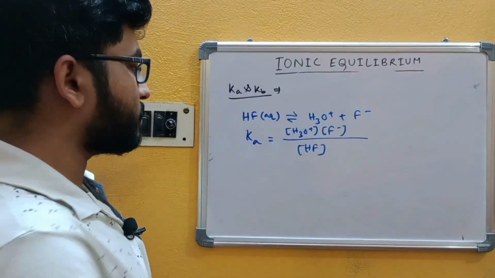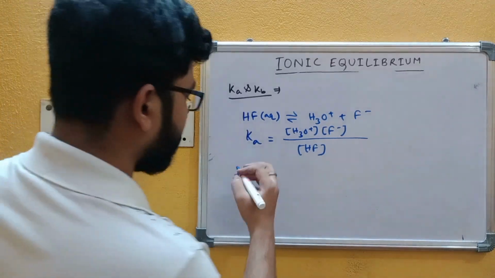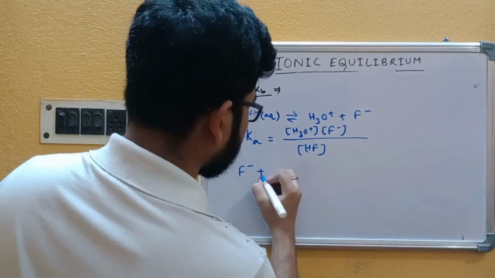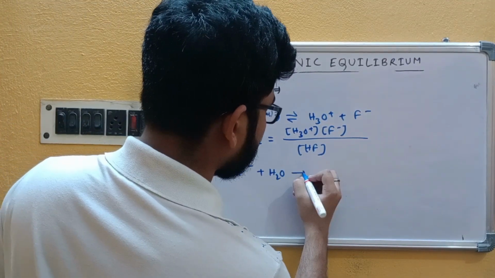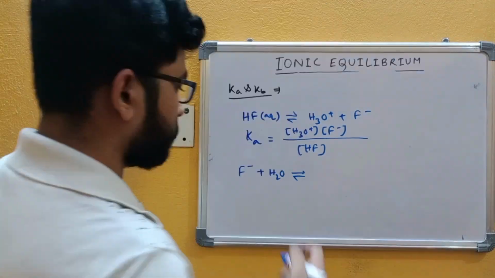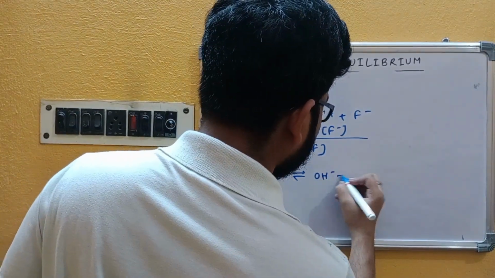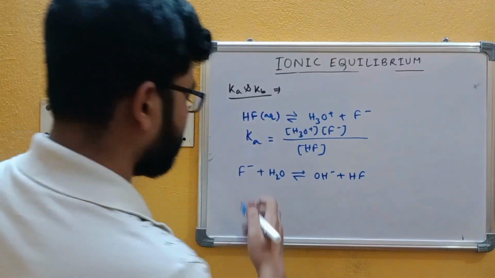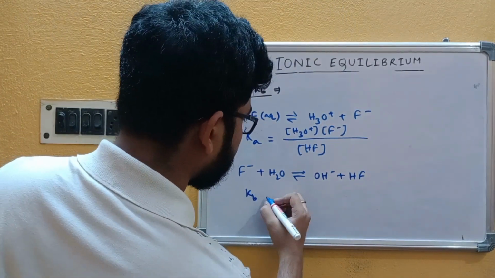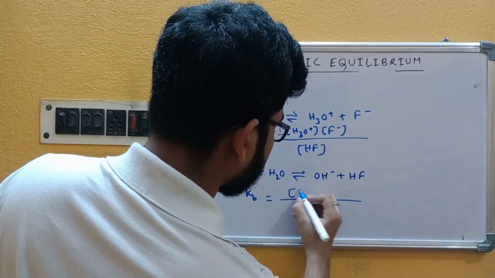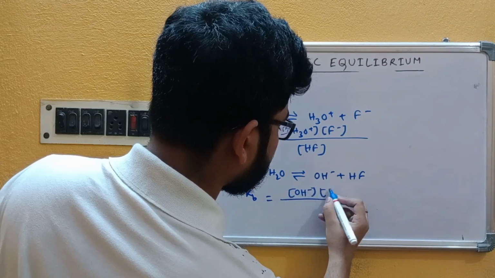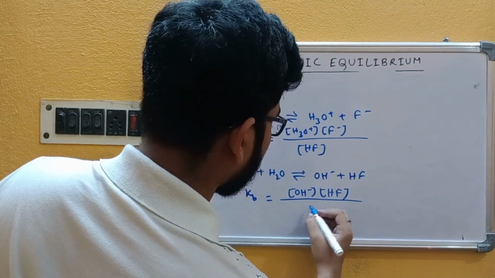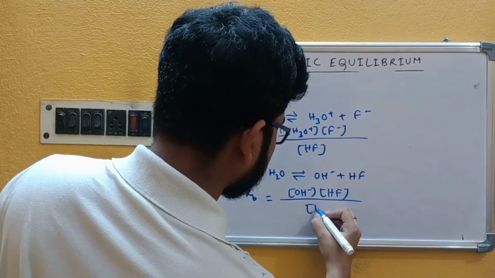So the conjugate base of this HF is F-, and in presence of H2O it forms OH- plus HF. The equilibrium constant is Kb, then it will be concentration of OH- into concentration of HF upon concentration of F-.